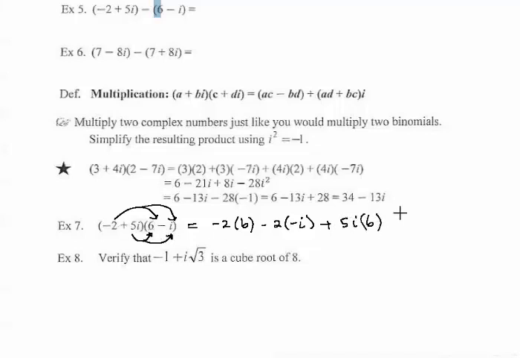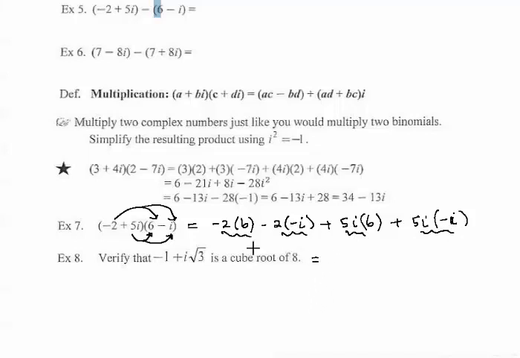And then we have another plus 5i. We just distribute this 5i throughout the second complex number. 5i times a -i. Okay. And so we have 1, 2, 3, 4 terms.